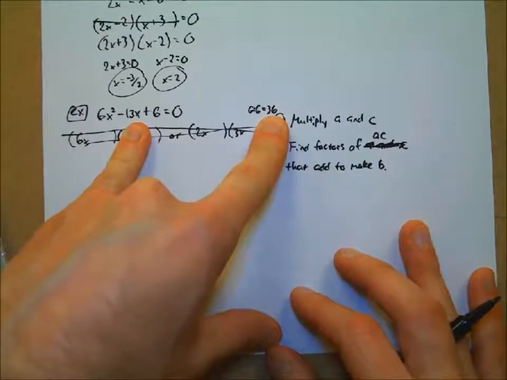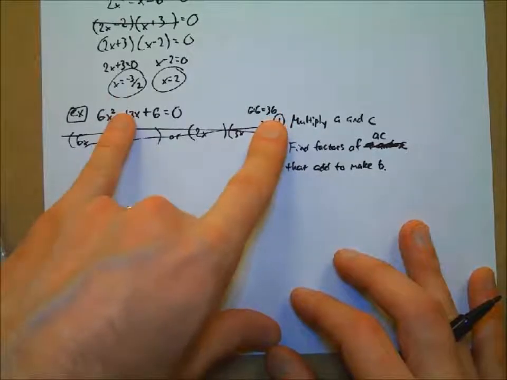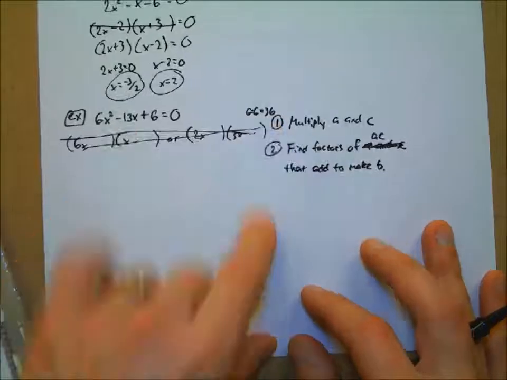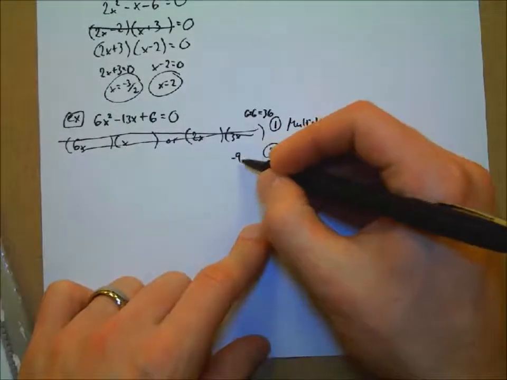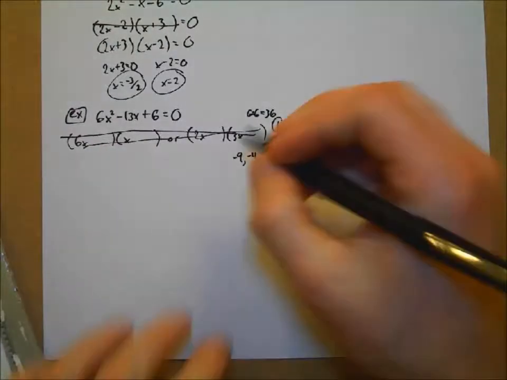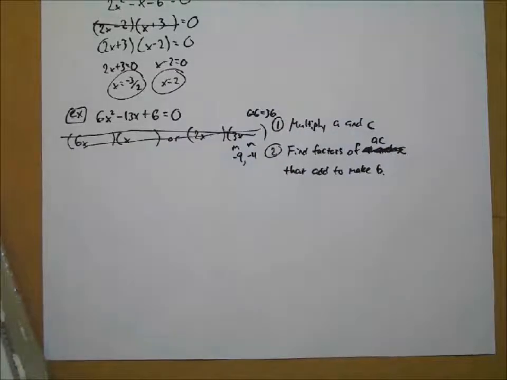What would those be? Multiply to 36, add to negative 13. Negative 9, negative 4. We're going to call these M and N, for our general purposes here.